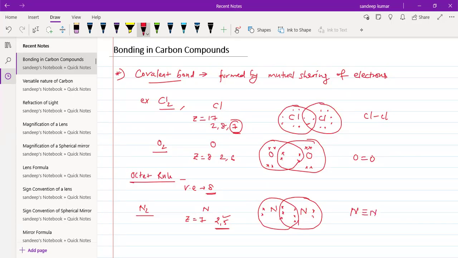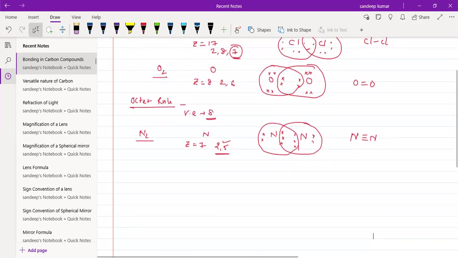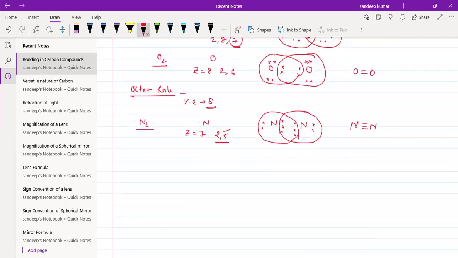Now let's take the example of CH4, children. Try to understand. Carbon's atomic number is 6. Electronic configuration 2, 4. So carbon has 4 valence electrons. What about hydrogen?